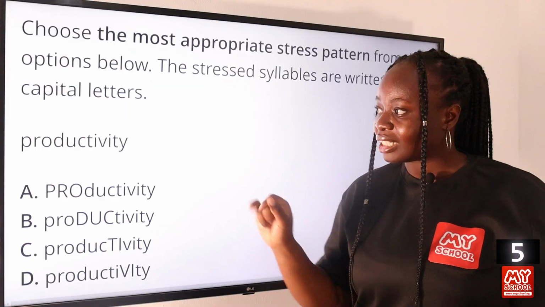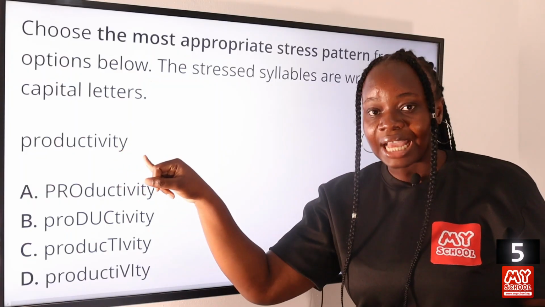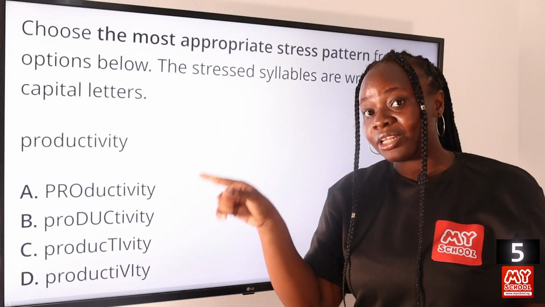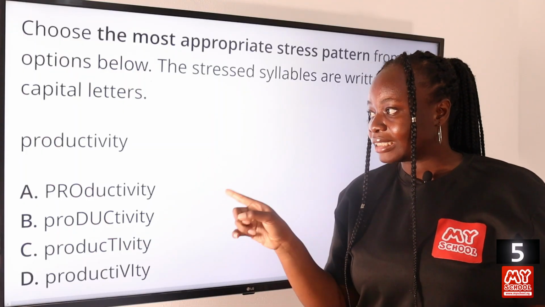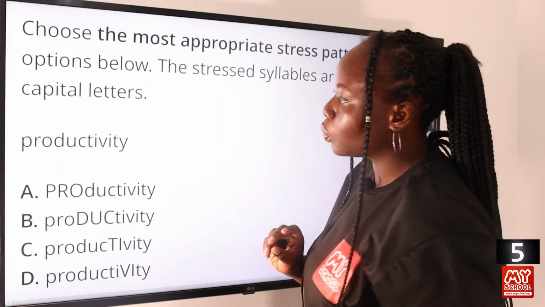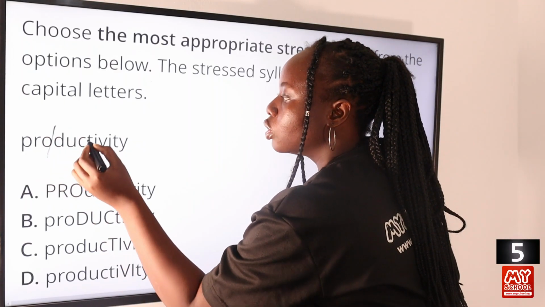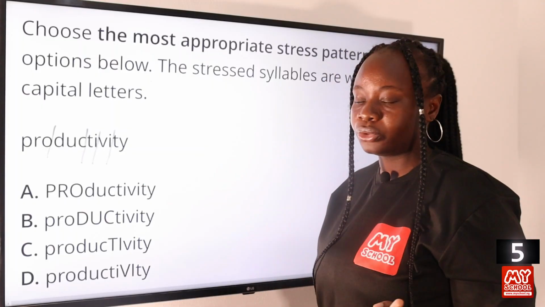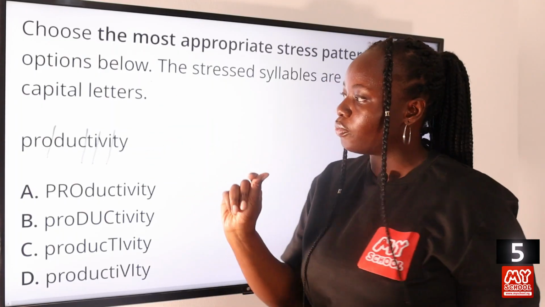So in this case, the rule that we're applying here is the fact that words that end with ity tend to be stressed on the antepenultimate syllable. The antepenultimate syllable is the 3rd syllable from the last. So from this word, we can see that there are 1, 2, 3, 4, and 5 syllables. So we are looking for the 3rd syllable from the last.